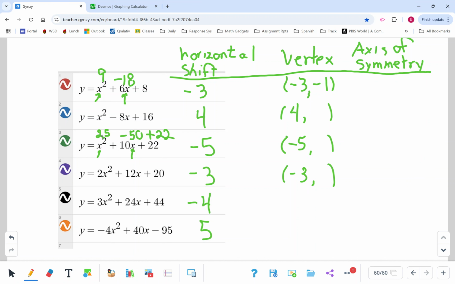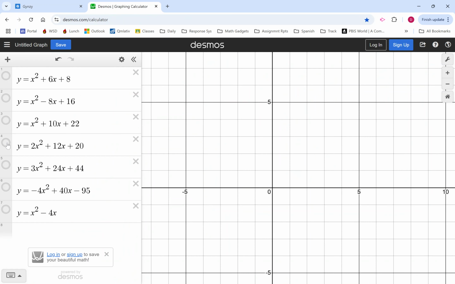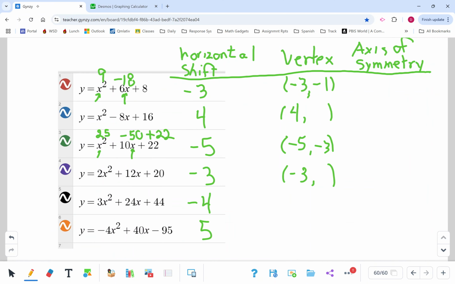So let's see what we get. 25 minus 50 is negative 50. So, no, it's not. 25 minus 50 is negative 25. Plus 22 is negative 3. So hopefully on that green one, the vertex will be at negative 5, negative 3. Negative 5, negative 3. There it is. So that's how to find the vertex. Just once you get the horizontal shift, put that number in as the x-coordinate and then calculate the y-coordinate.